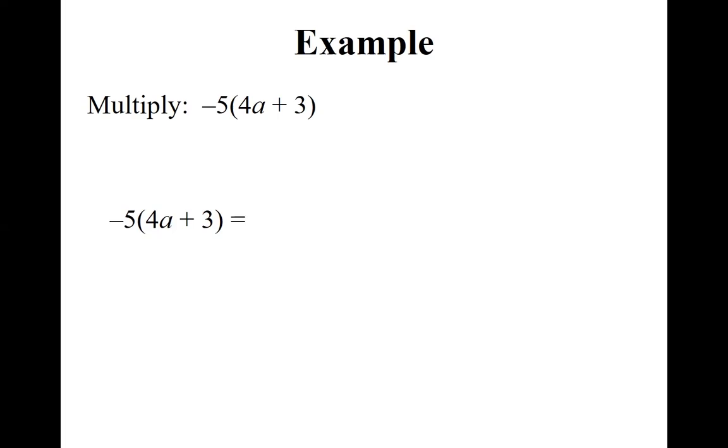We use the distributive property. Negative 5 times positive 4a. We can do that. That's negative 20a. Negative 5 times positive 3. That's negative 15 or plus negative 15. Negative 20a minus 15 is how we simplify that.